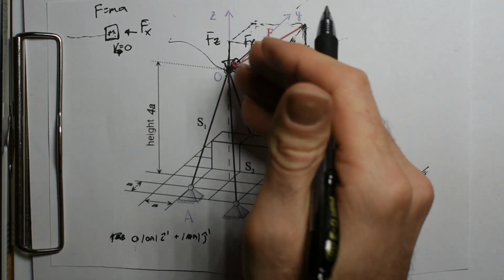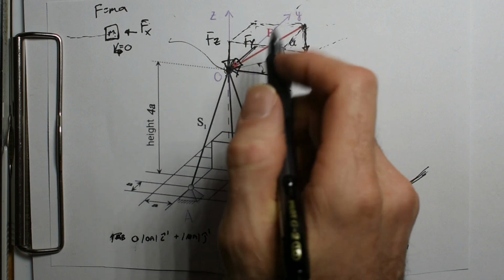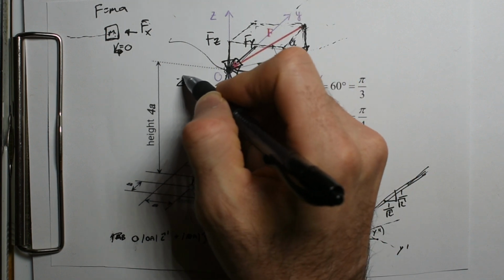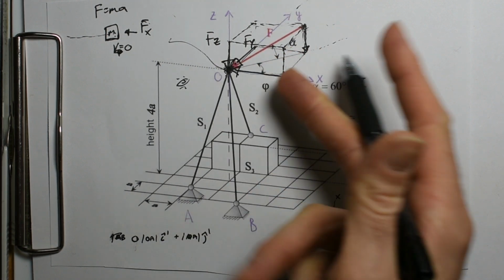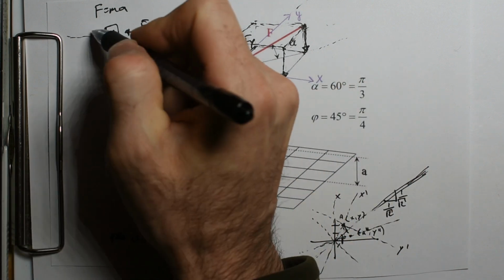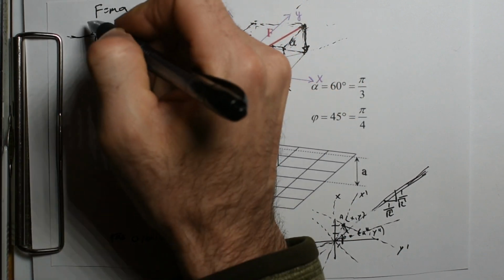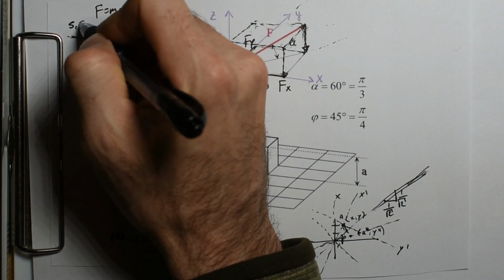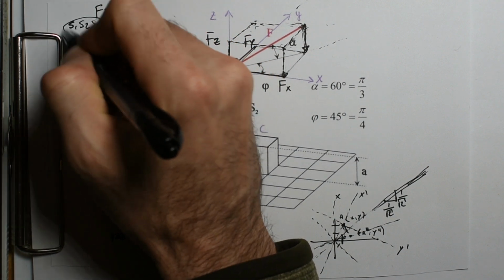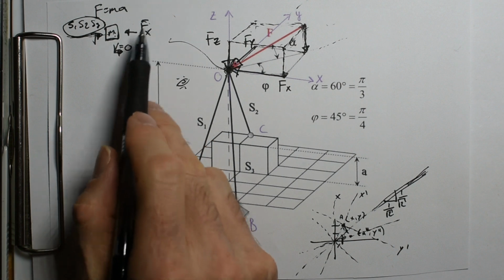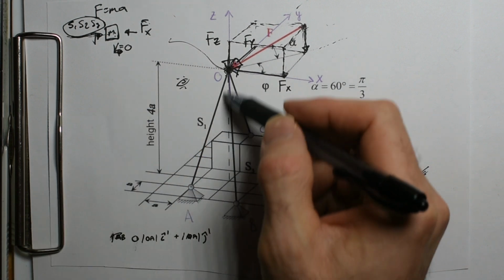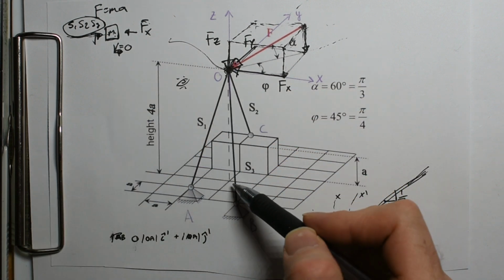But this is a branch of physics called statics, where we know by observation that little chunk of mass ain't moving. So there must be a force in this direction that's equal to F of x, due to S1, S2, and S3, all of which have to be balanced. And these forces also have components.